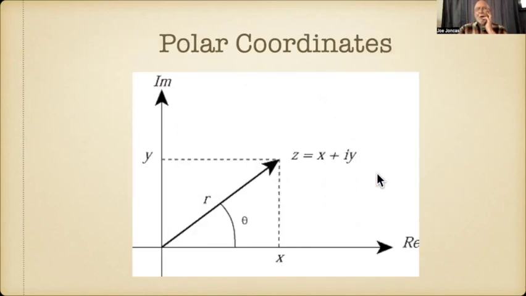So here's polar coordinates. And here we're worried about the angle. And remember that I in mathematics is J in electronics. What is I in electronics? Current. Way back in the beginning, it's on this piece of paper right here.